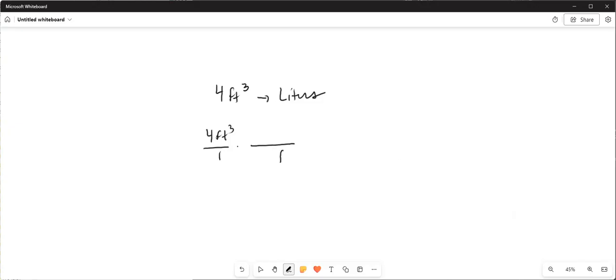So we're going to have feet cubed here and go from feet to inches. And then you're going to have to go from inches to centimeters. And then you can go from centimeters cubed to liters. Inches, did I miss something? Inches, centimeters.